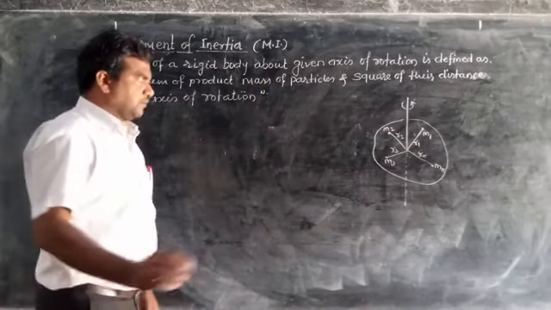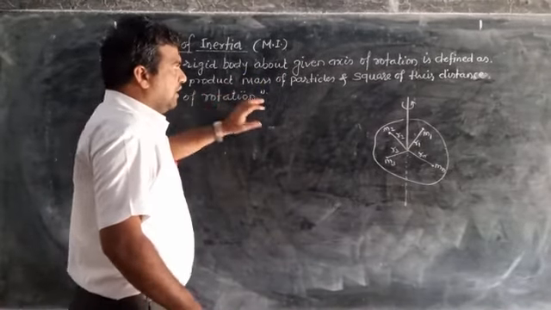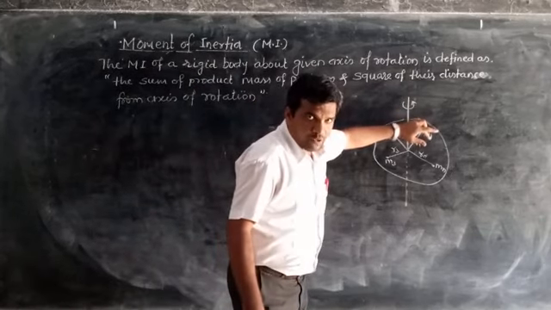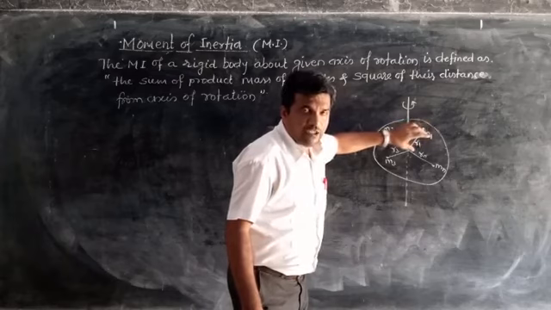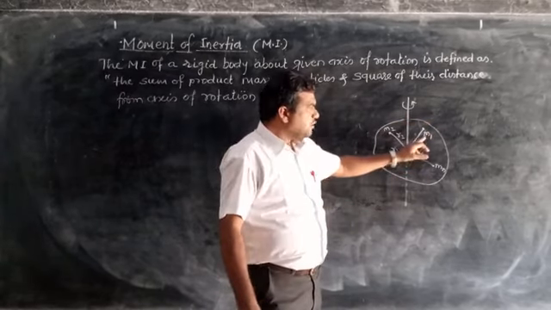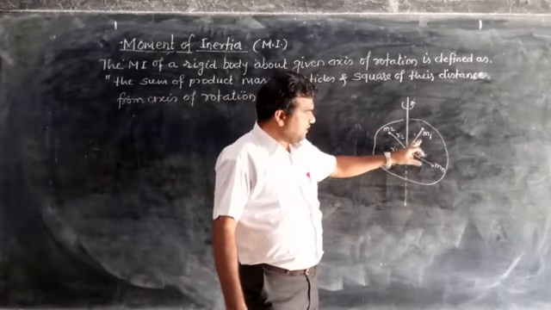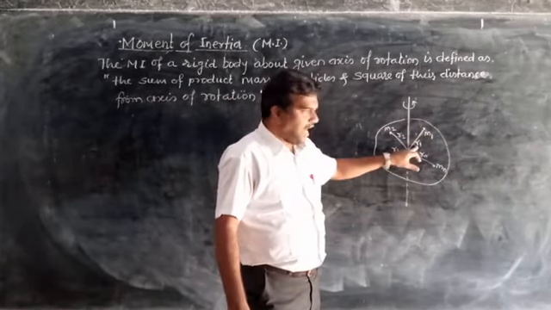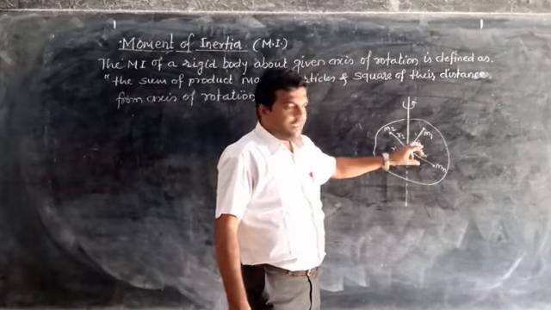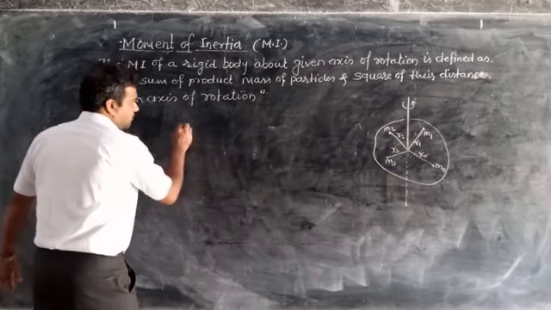So here, first we take the product of the mass of the first particle and the square of its distance from the axis of rotation. What is the mass of the first particle? m1. What is the distance of m1 from the axis? r1, and its square is r1 square. Then the product is m1 r1 square.